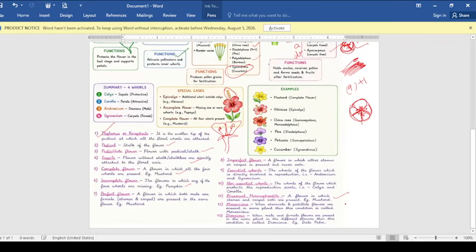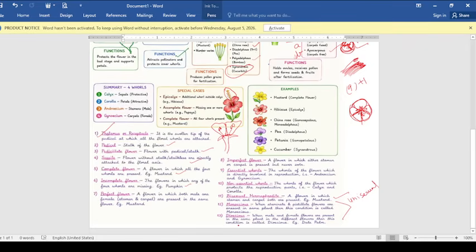Bisexual flower, hermaphrodite, as in case of China rose and mustard, has stamen and carpel present in the same flower. Unisexual flower will be of two types. Unisexual means the flower consists of either stamen or carpel, so it could be a staminate or pistillate flower. If staminate and pistillate flowers are present on the same plant, it is called monoecious, as in cucurbita, pumpkin.